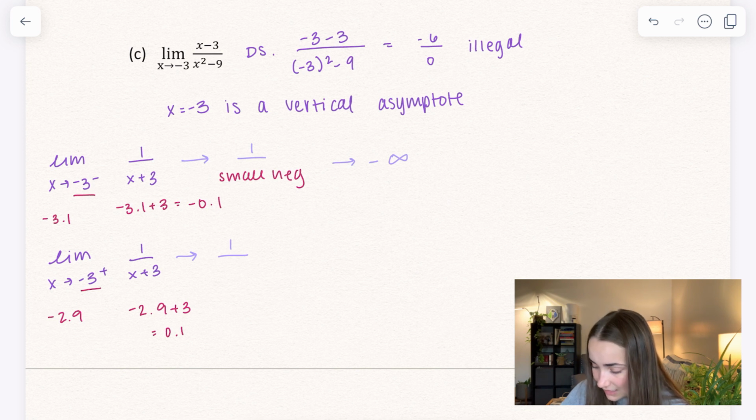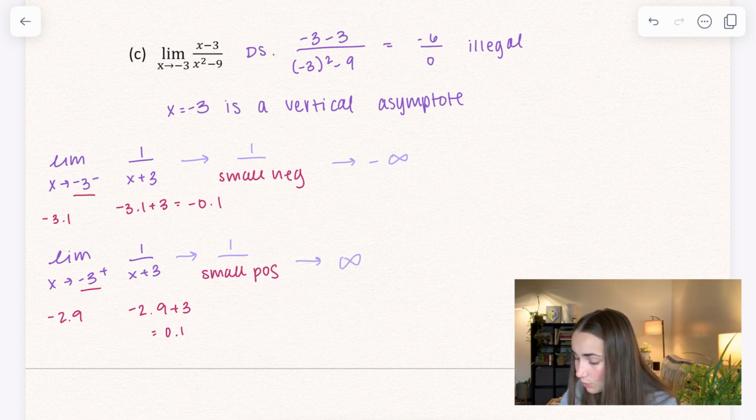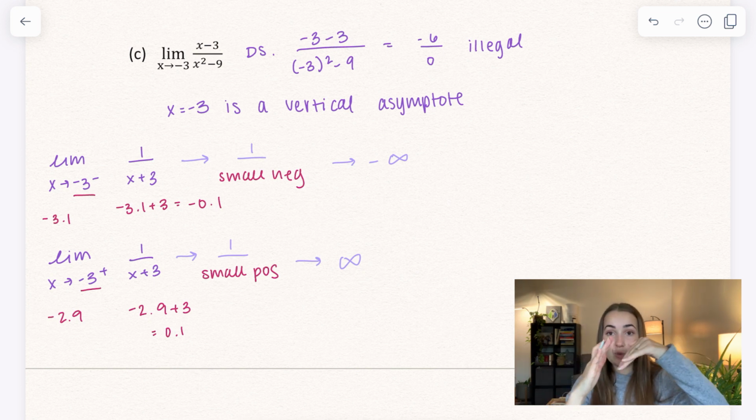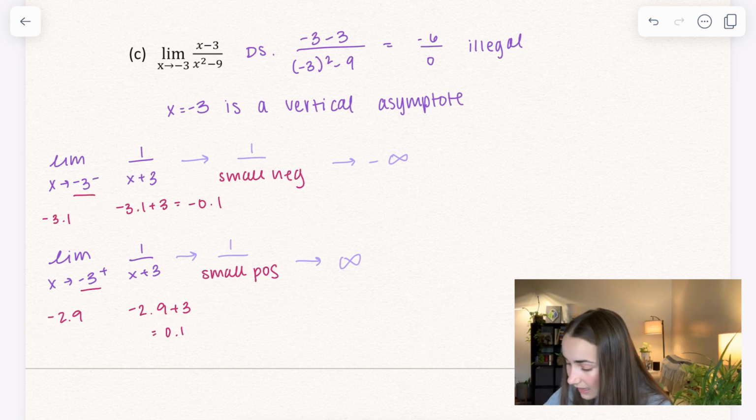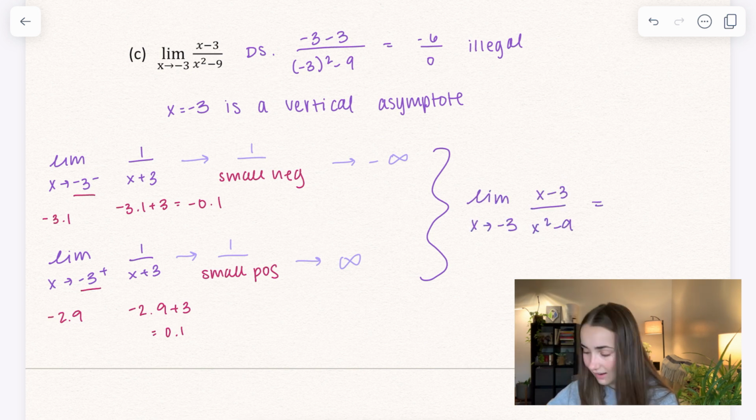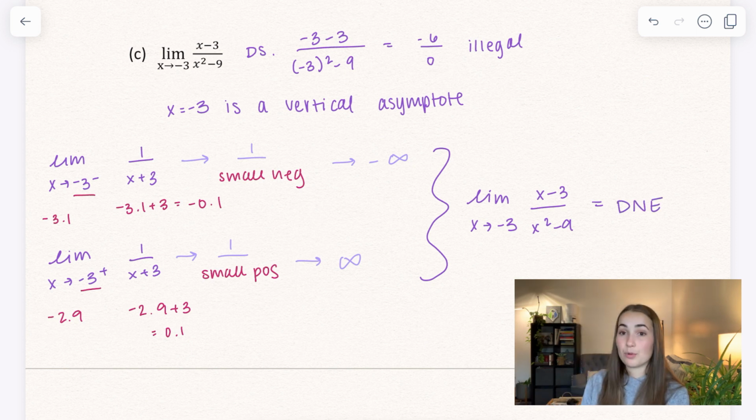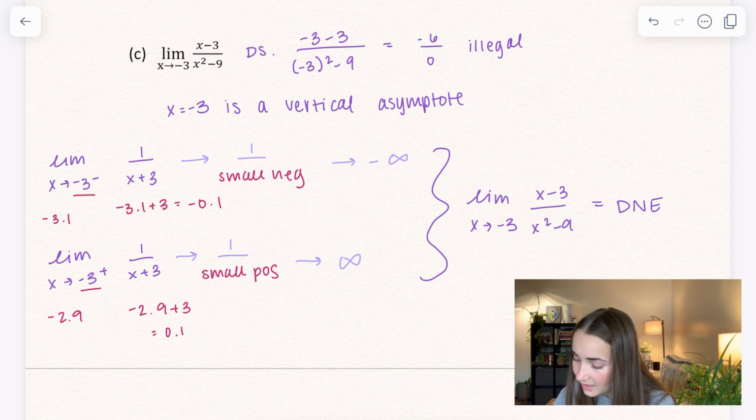So again, this is going to approach a small positive number, which tells me the function is going to shoot up to positive infinity. So notice here that they are approaching two different infinities, which tells me that the limit as x approaches -3 is going to not exist. So we write D and E. And that's because they approach two different infinities.